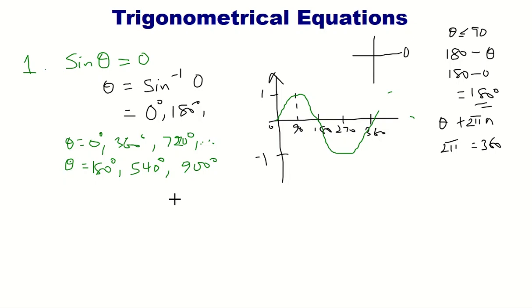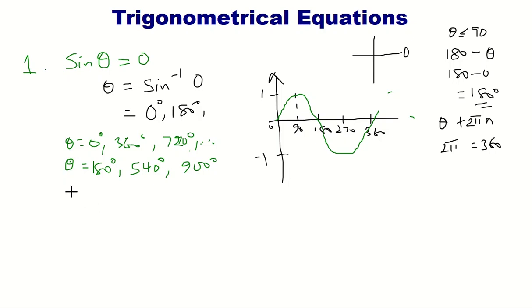This shows us that at all these values, sine theta will be 0. We first got these two values, and then from these two values we get others by considering the period. We go on adding the period, 360, 360, 360, each time, and then we answer accordingly.